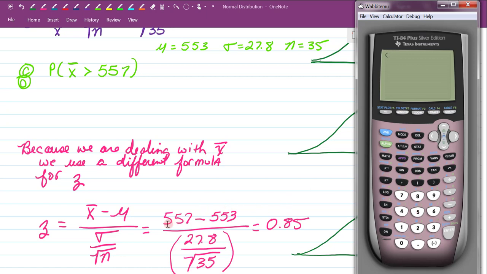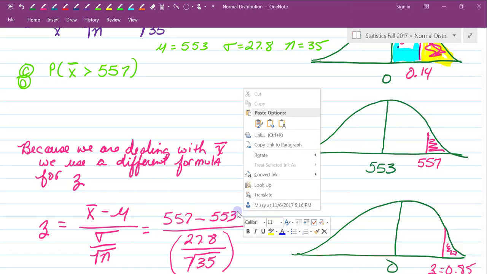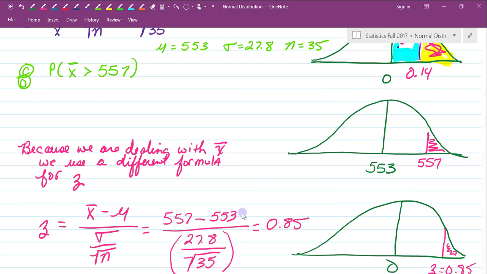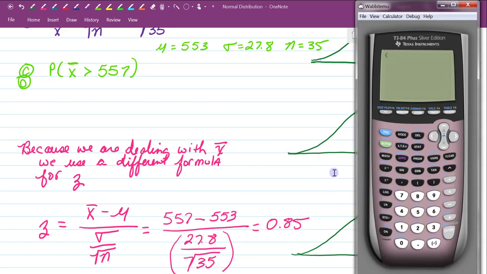Otherwise, I could end up with just 553 being divided by the denominator and losing the 557. So I'm going to open with parentheses, and then I'm going to click 557, put minus 553, and now I'm going to close the parentheses.